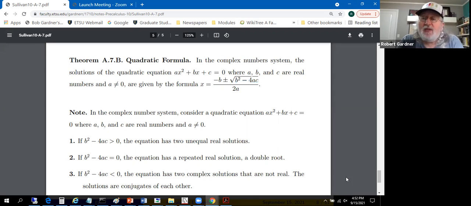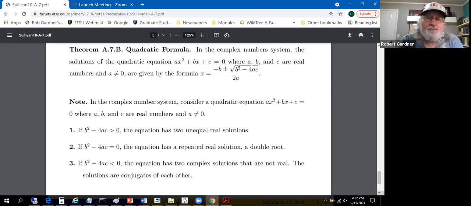What we get from the quadratic formula is this. The equation ax squared plus bx plus c equals 0, where a, b, and c are real, and a is not 0 because it appears in the denominator, has two unequal real solutions if b squared minus 4ac is strictly greater than 0.